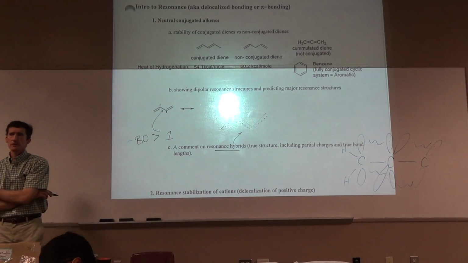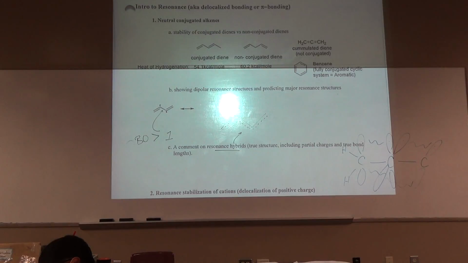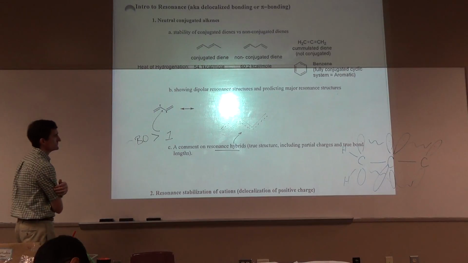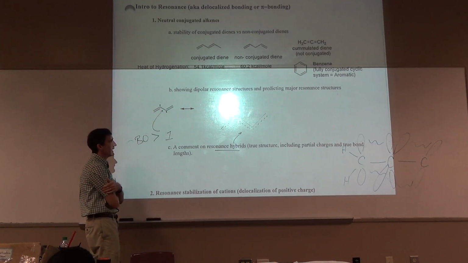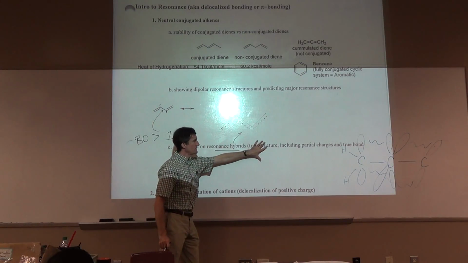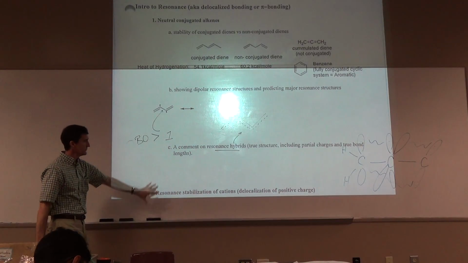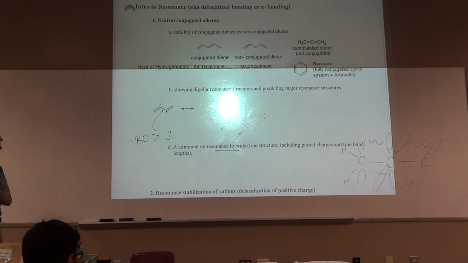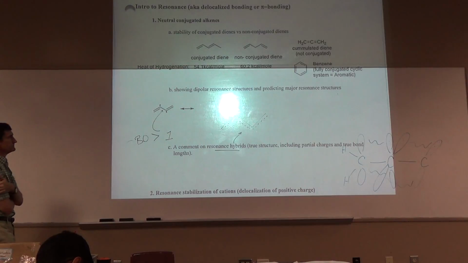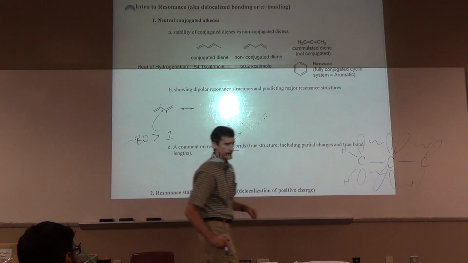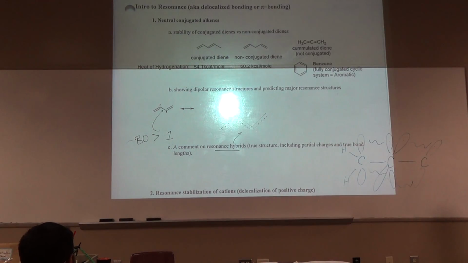The hybrid is where you're going to have partial bonds. Partial bonds are hard to deal with. The partial bond is more of the true structure. This is a little bit cumbersome to do here. We'll do this again when we move down below, and I'll erase that. Let's do it down below.